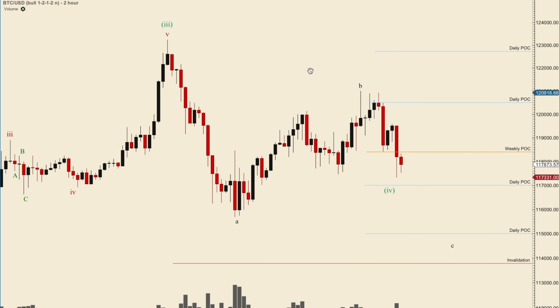It's more common for higher time frames to have an extended wave 5, basically like a weekly or a monthly time frame. But on these lower time frames, it's very uncommon to have an extended wave 5.